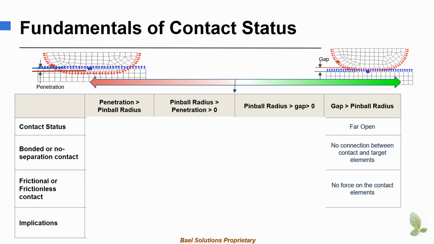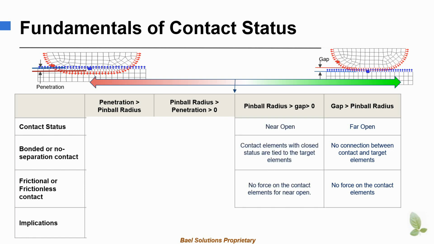If the distance between the contact and the target elements is greater than the pinball radius, the contact status is designated as far open. If the contact status is far open, and the contact type is bonded, or no separation, then no constraints are created between the contact and the target elements. For frictional or frictionless contact types, no contact calculations are carried out.